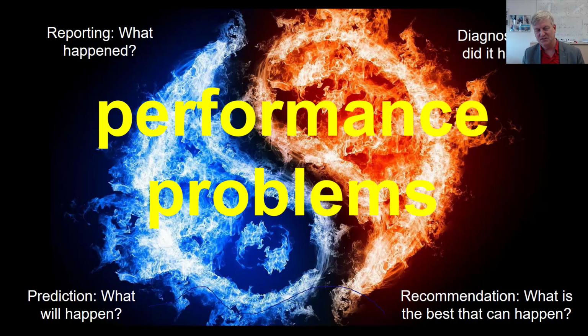These activities often aim at performance problems, and that's one typical use case. Here I'm overlaying the statement that process mining is used for performance analysis with the 4 types of questions that people ask in the context of a data science project that I introduced in my first lecture. For example, the first step is reporting.